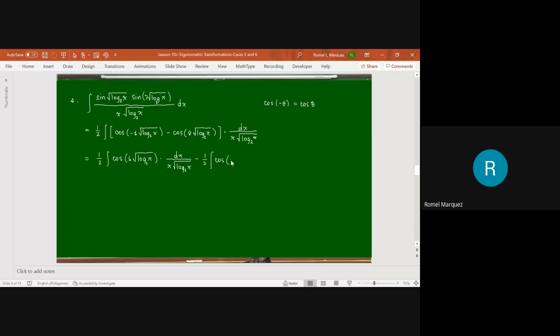So we have 8 square root of log of x to the base 2, then times dx over x log of x to the base 2, square root of that.